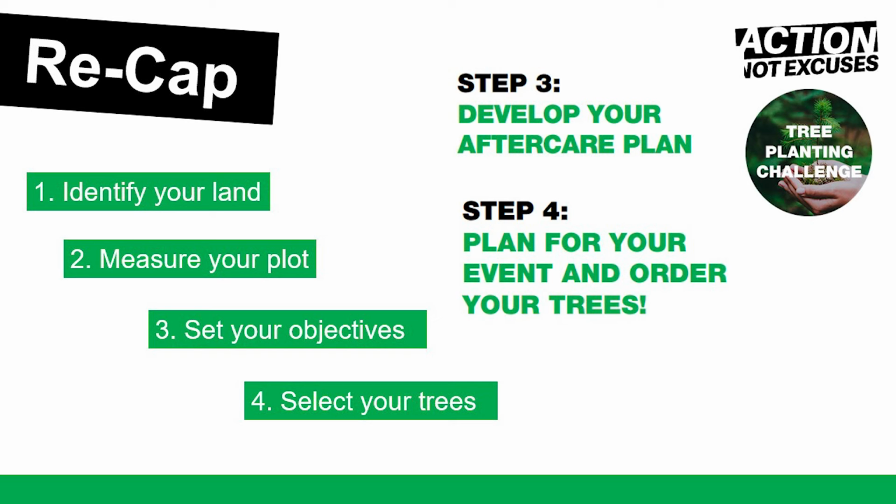Is it to address land degradation in perhaps wetter areas and riparian areas? It could potentially be for harvesting forest products and so on. Setting your objectives in step 3 is a really important step to enable you to then select the right tree pack for you, which we will look at more closely today in terms of the process for ordering those trees.